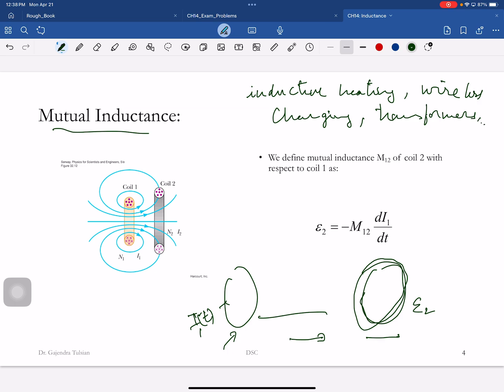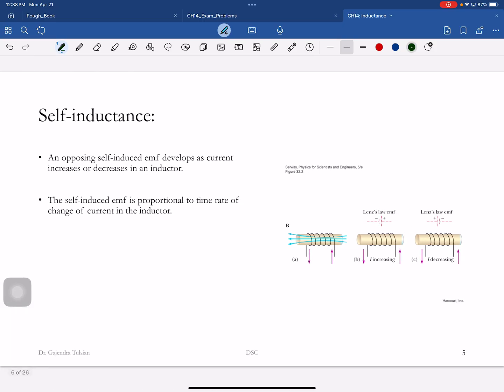Okay, so we use this phenomenon every day. So again, it's currents changing in one coil inducing an EMF in nearby coils, okay, nearby circuits. All right, here's another interesting phenomenon, self-inductance.